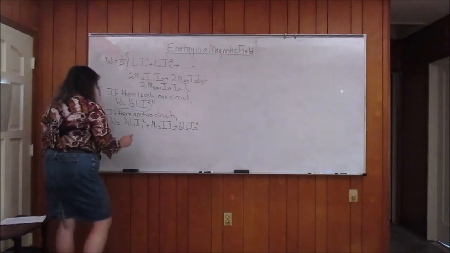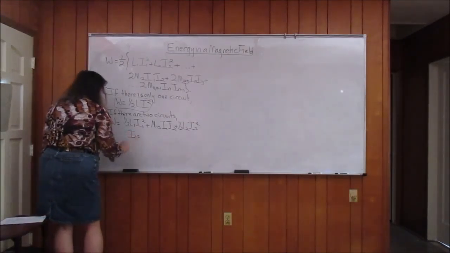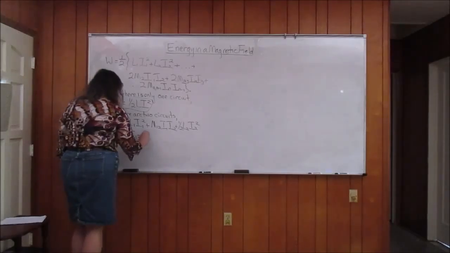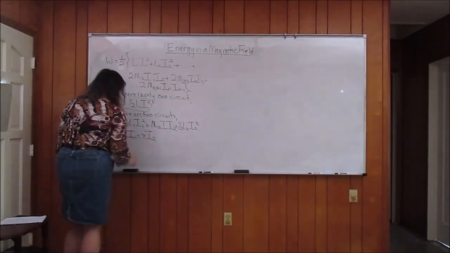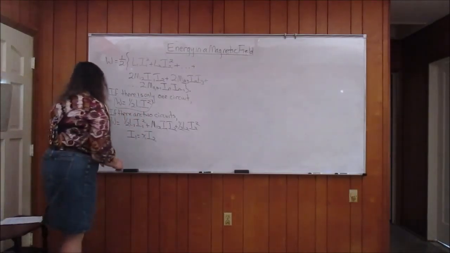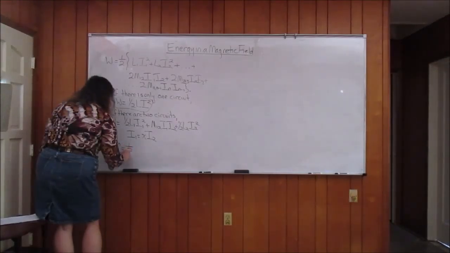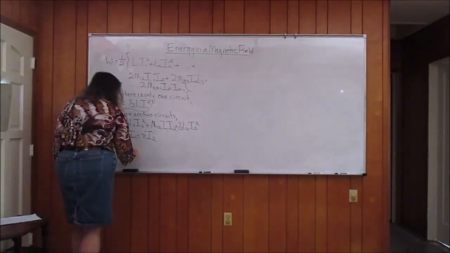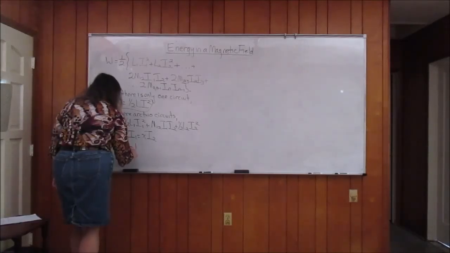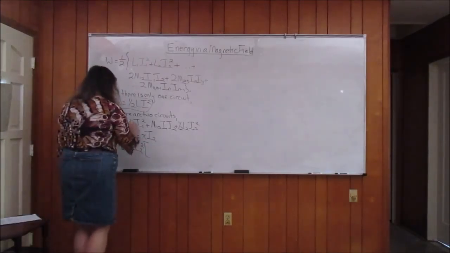So I'm going to rewrite current I1 as some quantity x times I2. I'm going to pull I2 squared outside of the brackets.